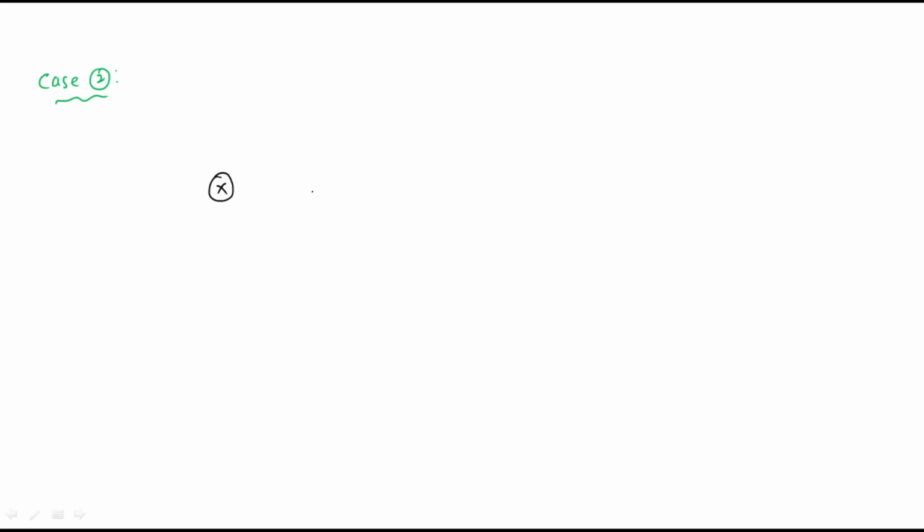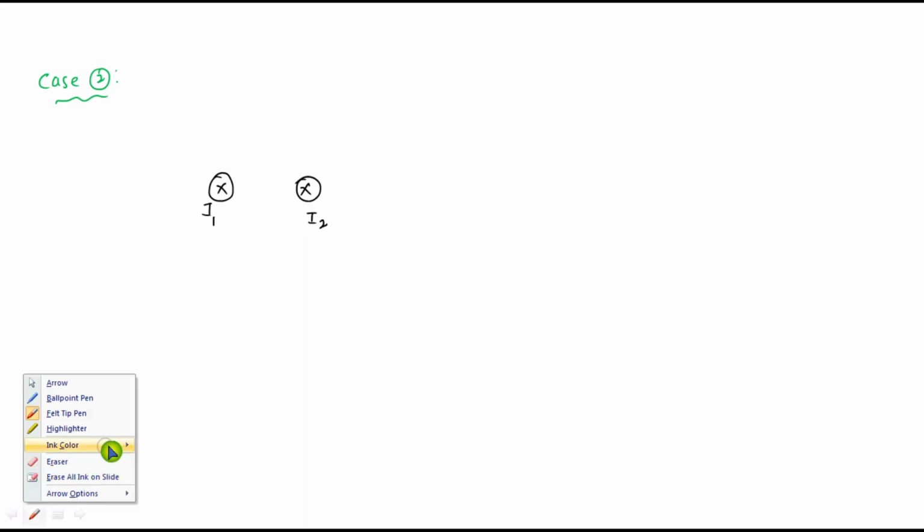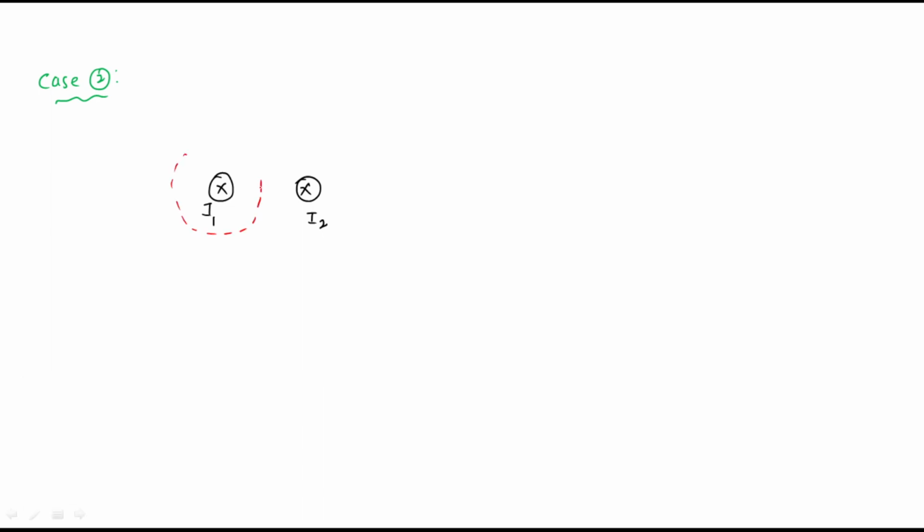Current into the plane. This is I1, I2. Obviously the current is into the plane, which is represented by the thumb. Obviously the direction of the magnetic flux density should be like this, downward direction.